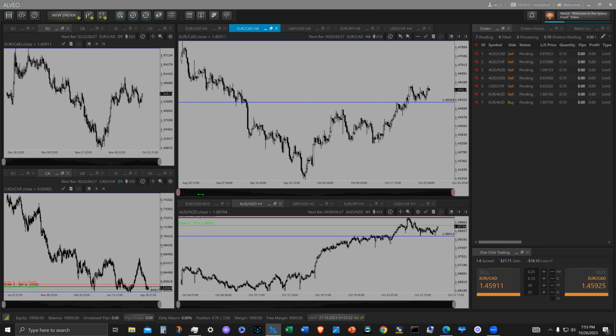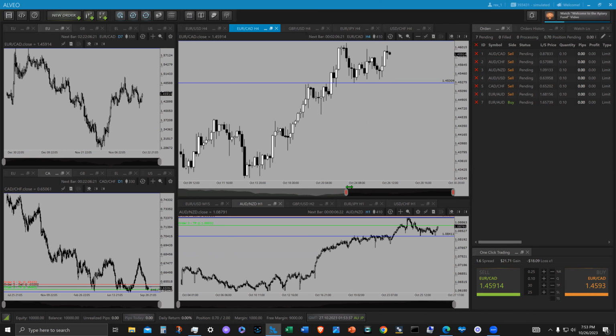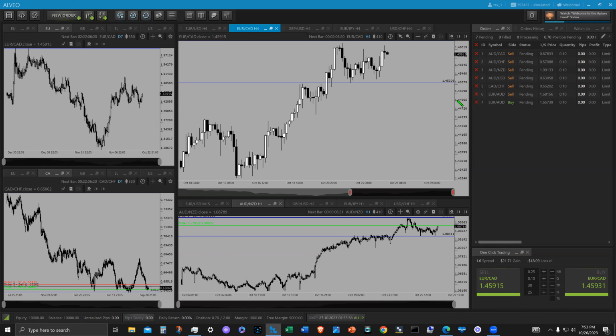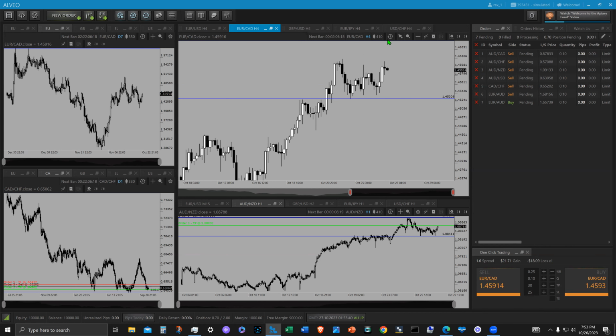I'm not sure what my notes. I'm looking at a buy limit here. I think I must have wrote it down wrong, but I'm going to go here and I'm going to put a buy limit on. I didn't want to sell the top because it's already up there.